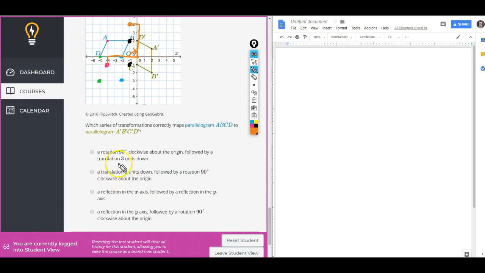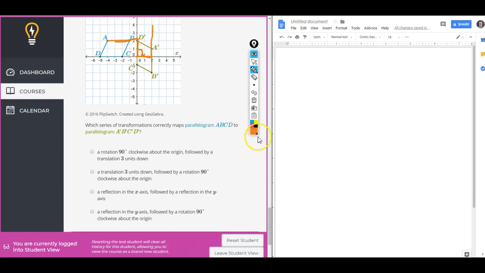And so let's check this one, a rotation 90 degrees clockwise about the origin followed by a translation 3 units down. If we were to rotate A, it is up 2 units, left 4 units. If I were to rotate that 90 degrees, it would be over 2 units. And since I went up and to the left, I'm going to go now flat, and I'm still going to go left though. So 1, 2, 3, 4.